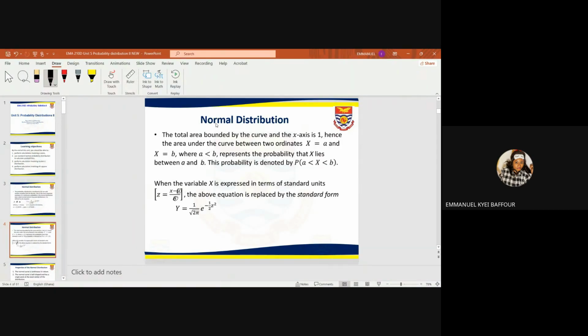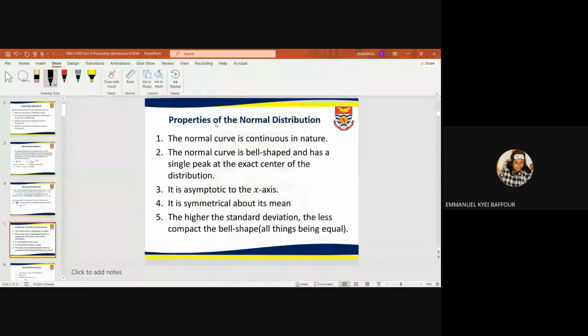There are some properties of the normal distribution that we should note whilst doing calculations. The first property is that the normal distribution is continuous in nature. That is why I said PDF: PDF has to do with continuous variables, and PMF has to do with discrete variables.